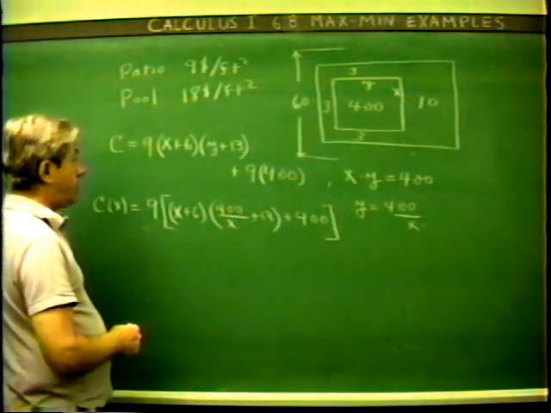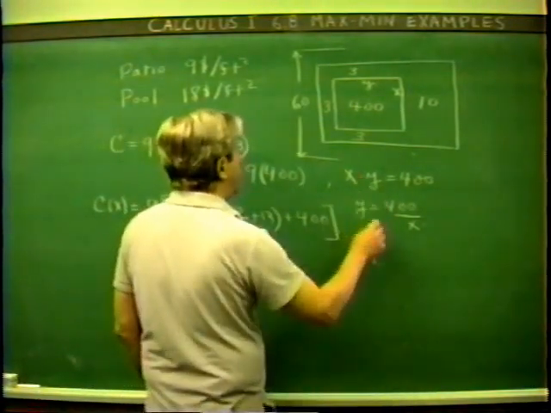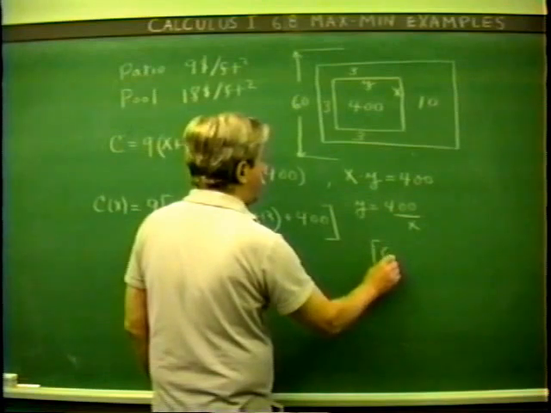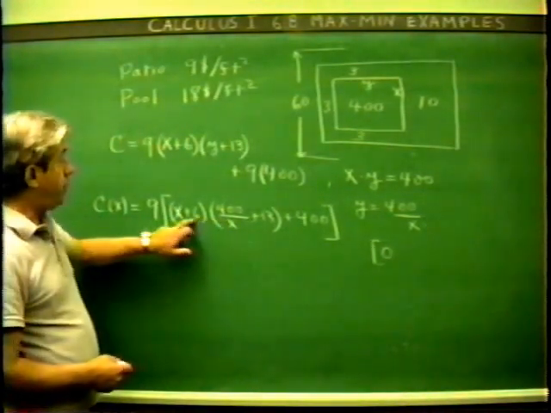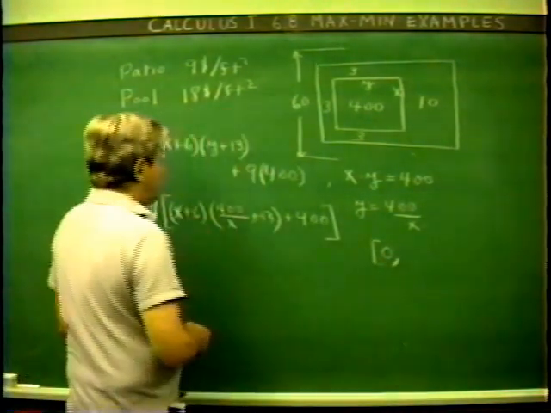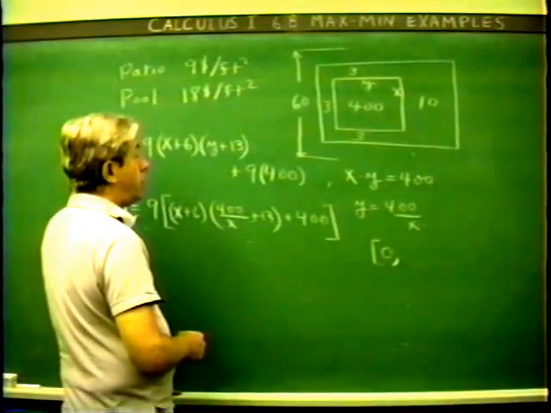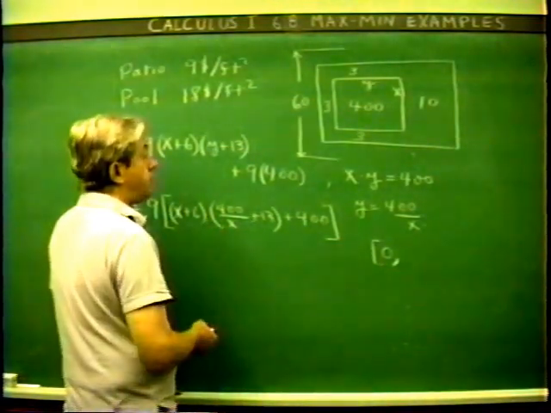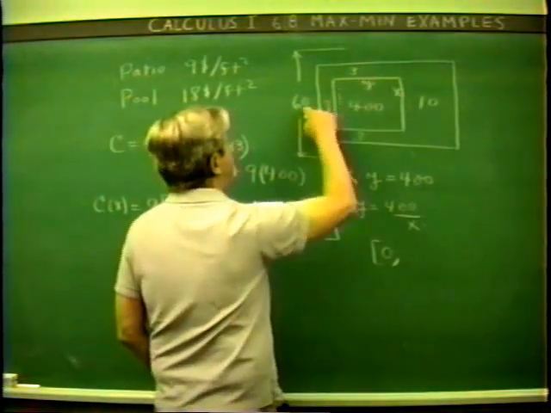Okay, and we need to check the interval on which this makes sense. The interval is going to be, x can be as small as 0, which is obviously not going to be the best cost here, because 400 over x will be very large, and this will be close to 6. Or it can be, we actually won't get a pool in that case, huh?